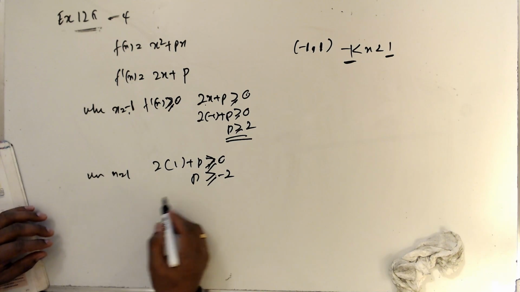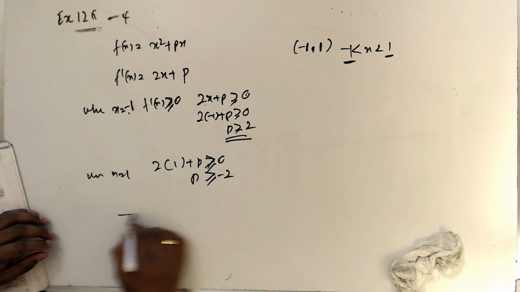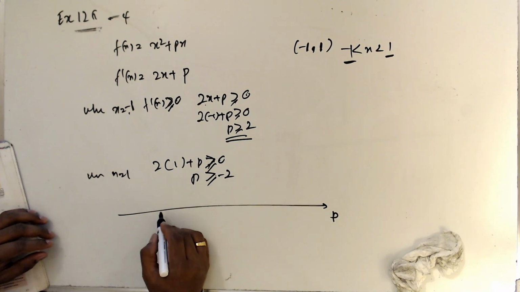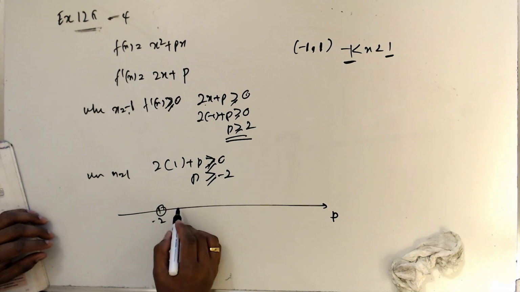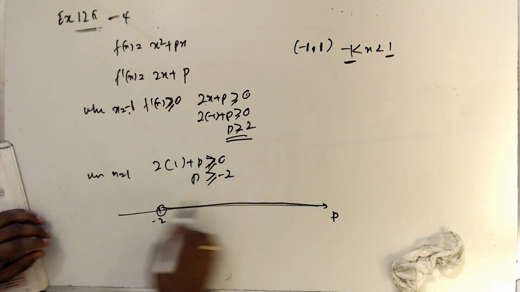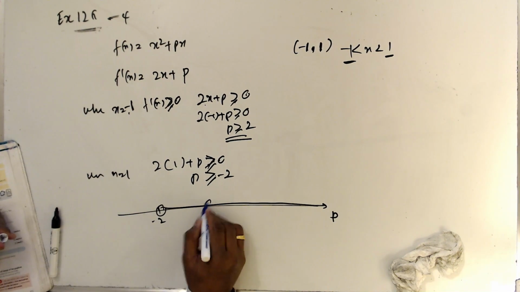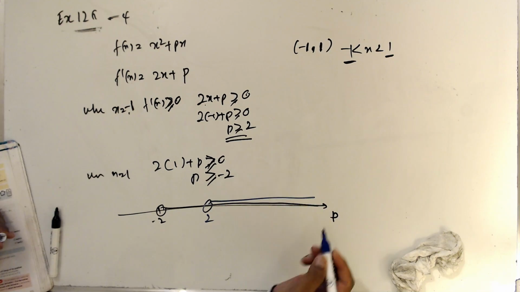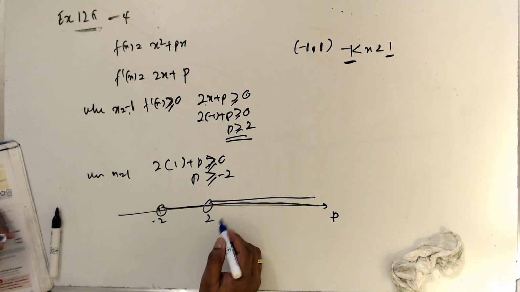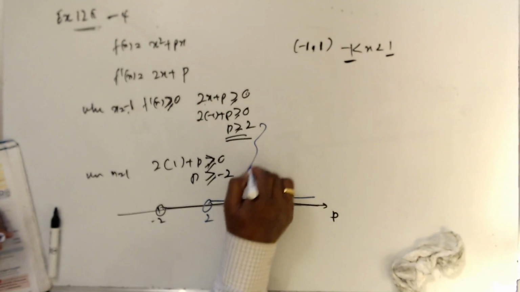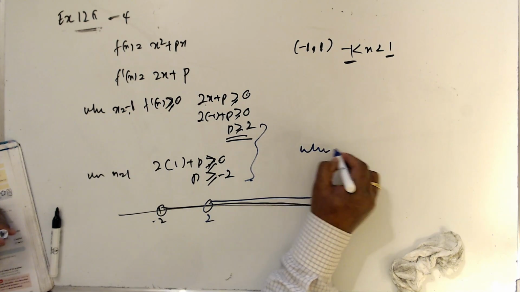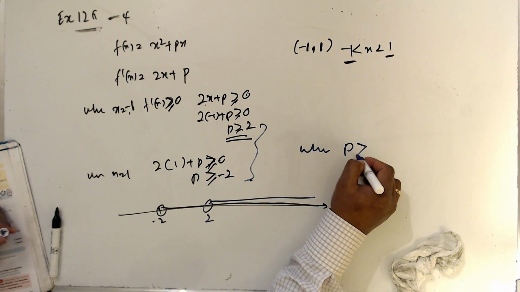So now we have two options. One is b greater than 2, the other one is b greater than minus 2. Then this will fulfill both inequalities when b is greater than 2.